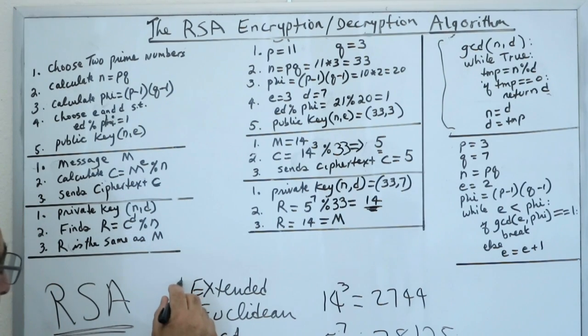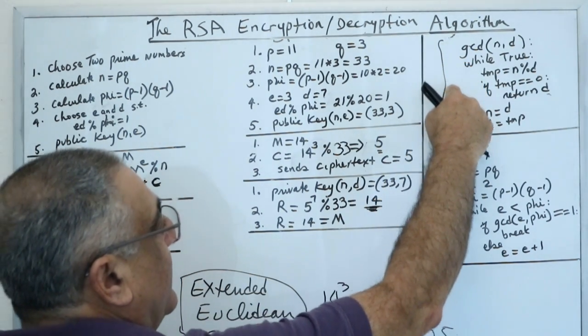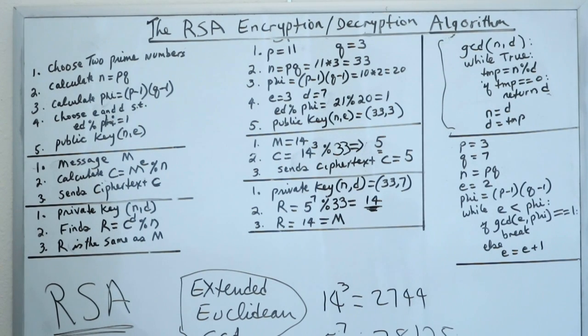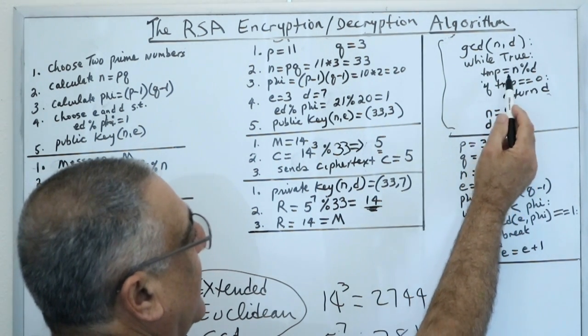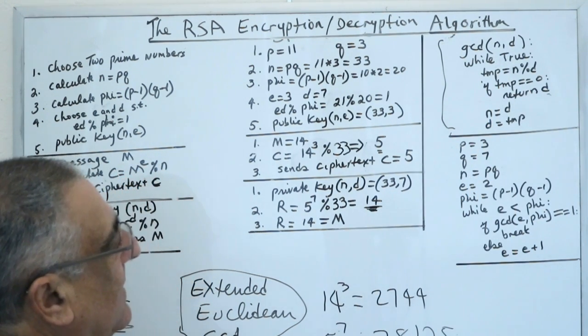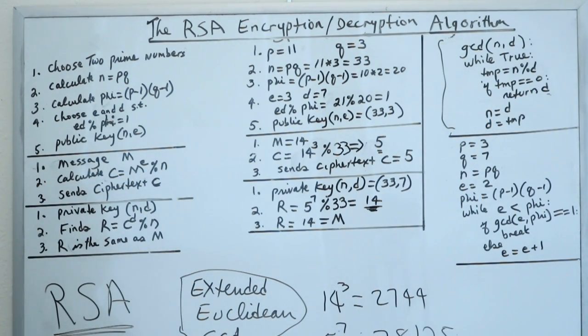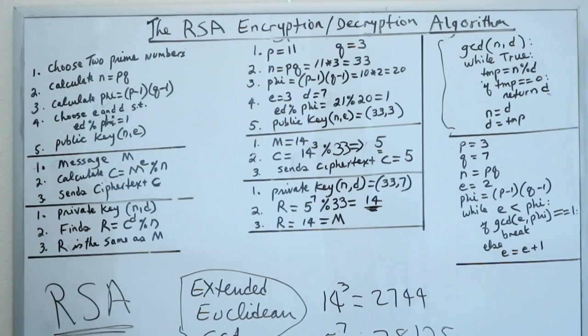I used the extended Euclidean algorithm, and I wrote this partial code there, and this is the part that does the GCD. So it's called GCD, so you pick e and d and you go back, check, and return d. Otherwise, keep doing it. So that gives me the proper values for e and d.